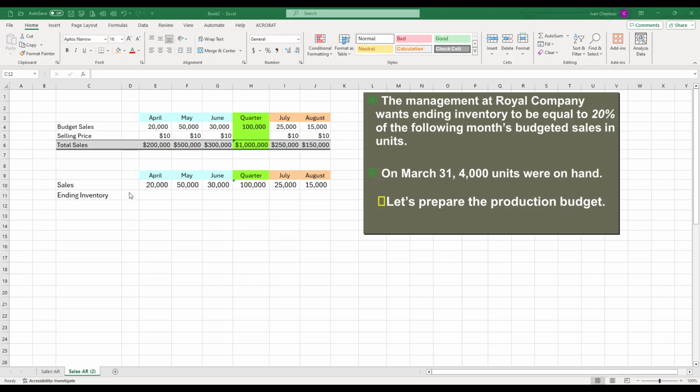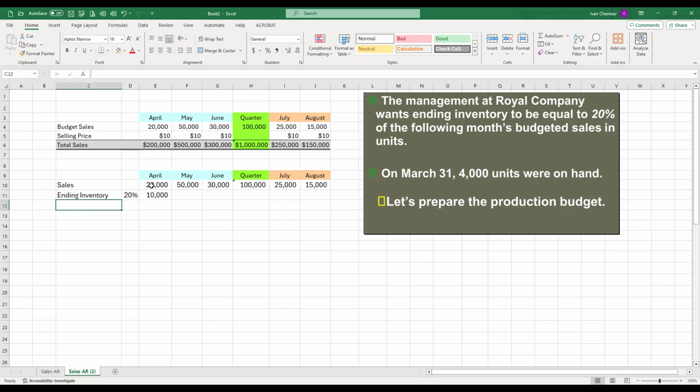So let's incorporate those numbers and see what's going to happen. They need 20%, correct? 20%. So now in April, I have to have 20% of which sales? The following month, which is May, correct? So what will be the ending inventory balance that I need to have? I need to have 10,000 units. Make sense?